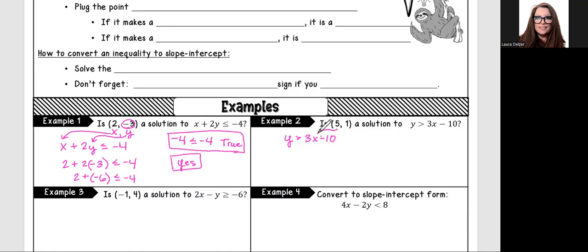I plug in my x and my y, so 1 is greater than 3 times 5 minus 10. Three times 5 is 15, minus 10 is 5, so 1 is greater than 5. Well, 1 is definitely not greater than 5. So this is a false statement, it's not accurate, and this is not a solution.